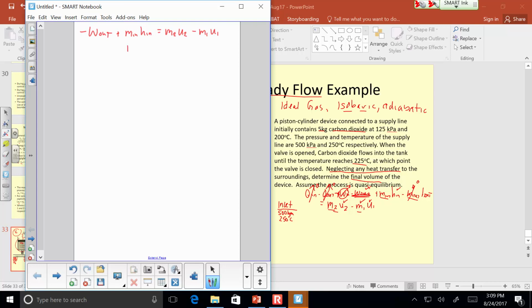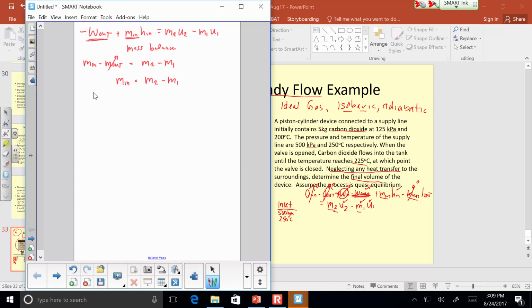We can now do a mass balance, which will give us another equation to help solve for some of these unknowns. So mass in minus mass out is equal to M2 minus M1. We don't have any mass leaving the system, so mass in is equal to M2 minus M1. So we can now plug that in up here.